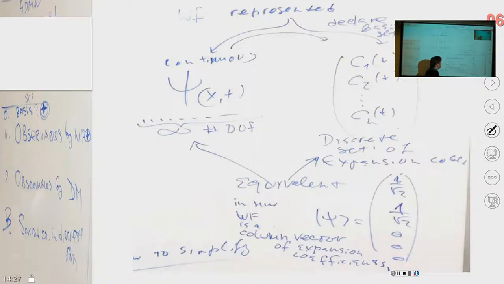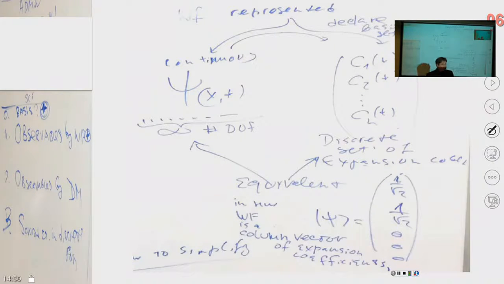One can do all operations that allow us to predict the outcome of an experiment, all operations that allow us to predict the future and find the time propagation of observables.